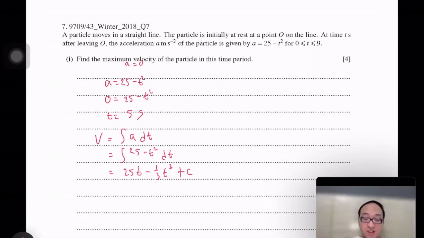It says initially, so t equals 0. At rest, v equals 0. At point O, so s equals 0.